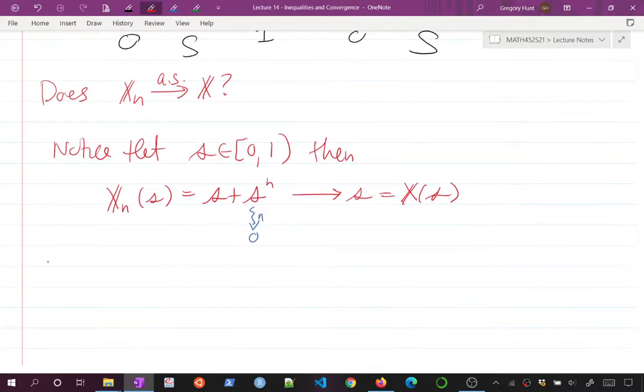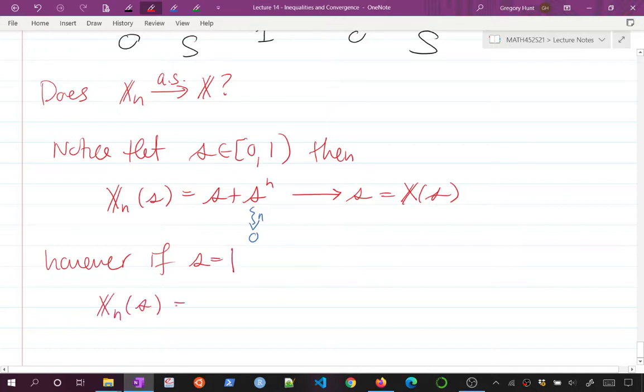However, if s is equal to 1, then X_n of s is always 2, right? It's 1 plus 1 to the nth power, which is always 1 plus 1. That does not converge to 1, which is X of 1.